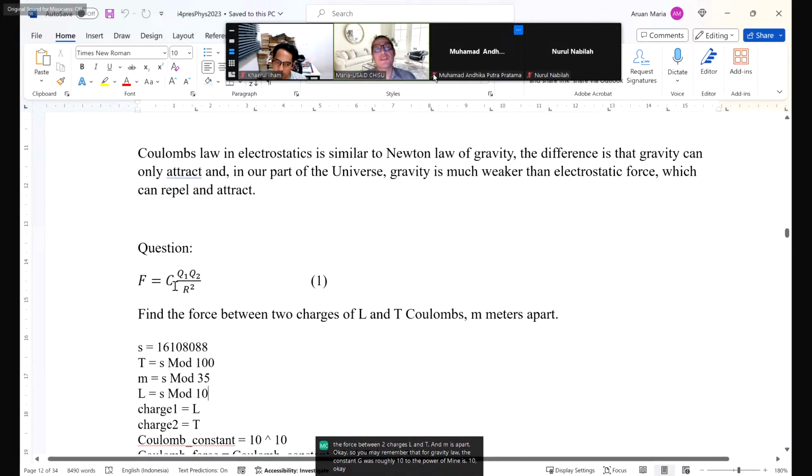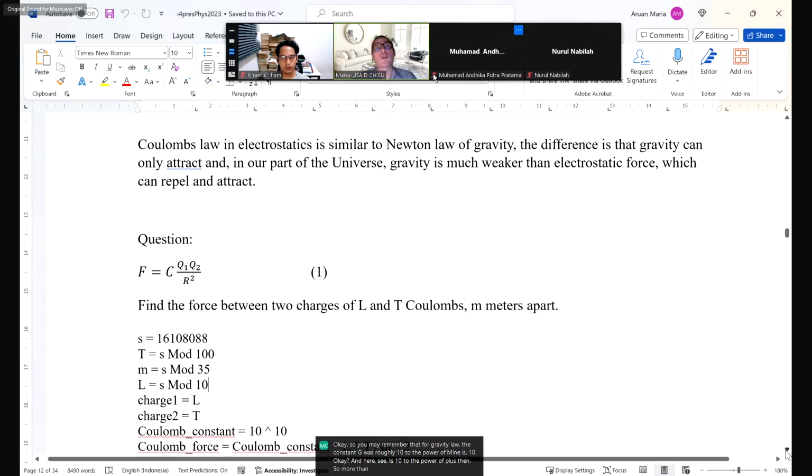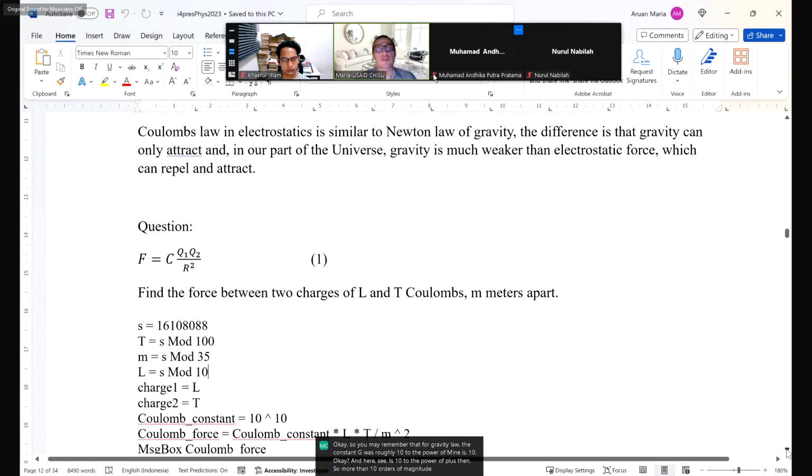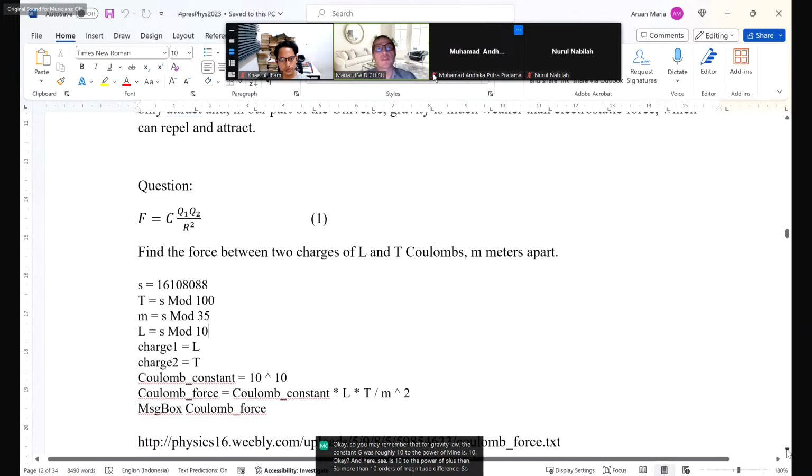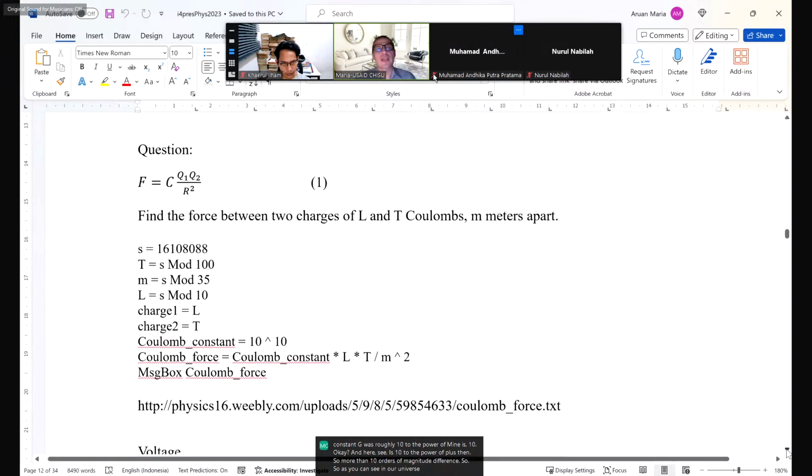And here C is 10 to the power of plus 10. So more than 10 orders of magnitude difference. So as you can see, in our universe, electromagnetism is 10 to the power of 20 times stronger than gravity force.